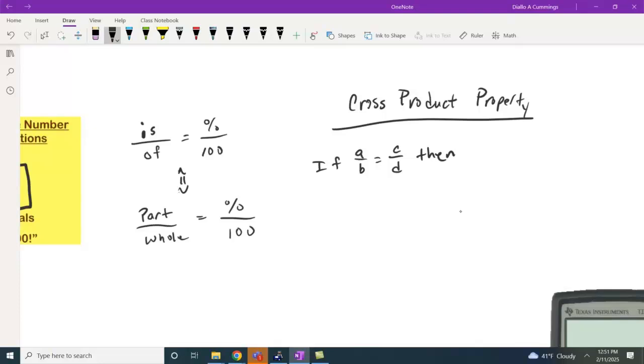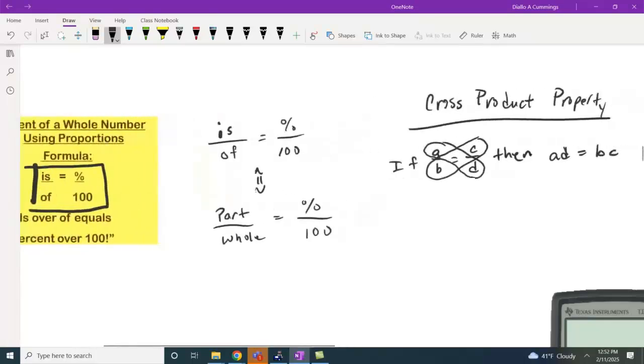Then you can cross multiply: A times D is equal to B times C, and then you can solve. So our attempt is to convert a word application problem into the percent equation and then solve it.